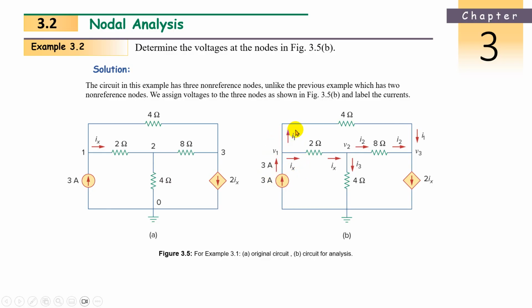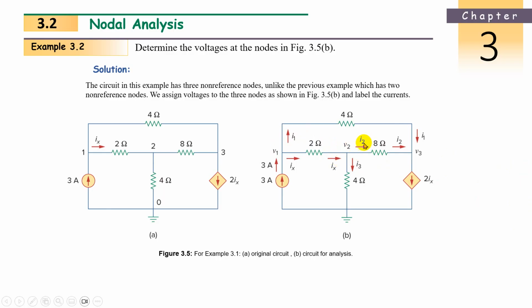Now what is I1 in Ohm's law? V1 minus V3 divided by 4. What is Ix as per Ohm's law? V1 minus V2 divided by 2. Just rearrange in terms of V1, V2, and you will get the first equation. Second, at node 2, currents entering: Ix is entering, leaving are I2 and I3.